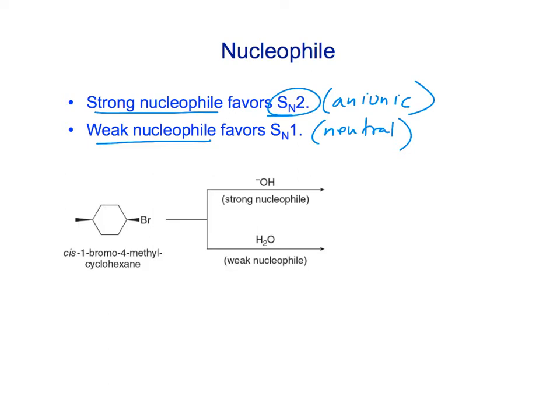In fact, SN1 reactions really only take place with nucleophiles like water or alcohols or maybe carboxylic acids. Notice that these are also solvents, and these are polar protic solvents.